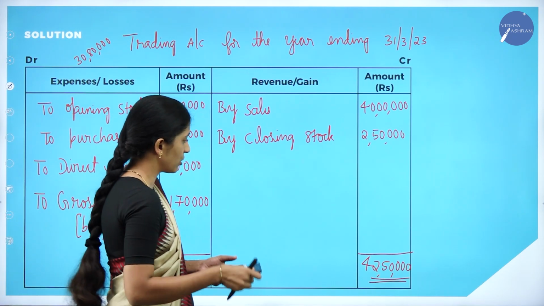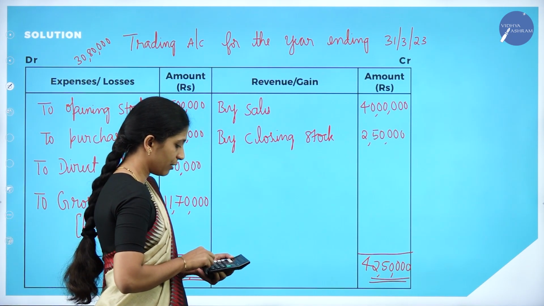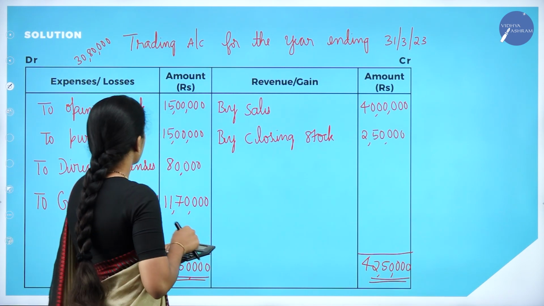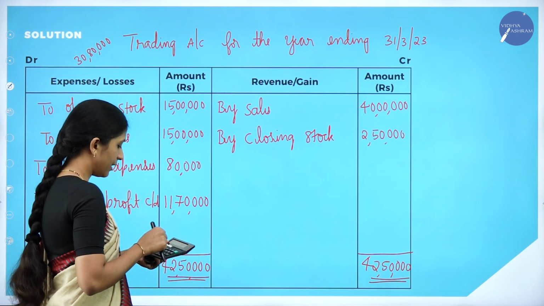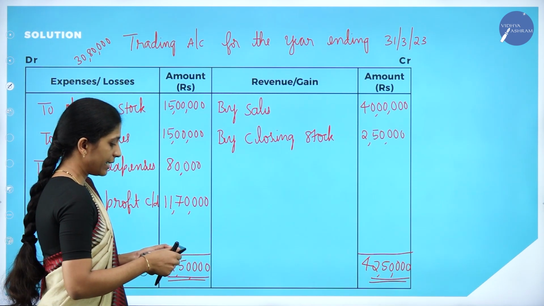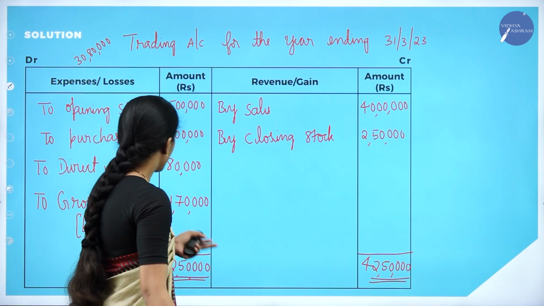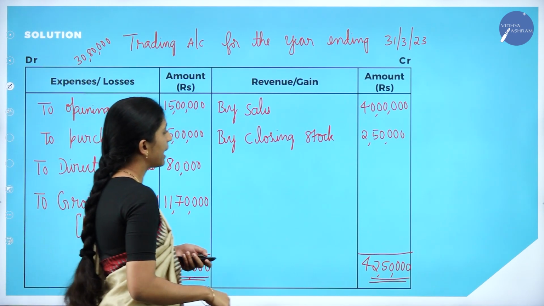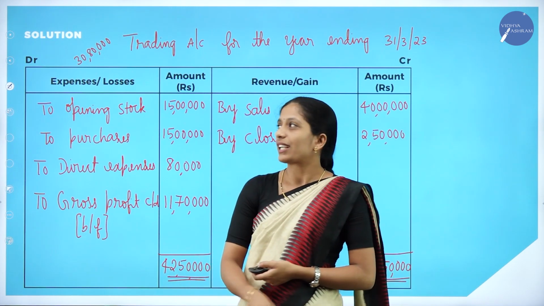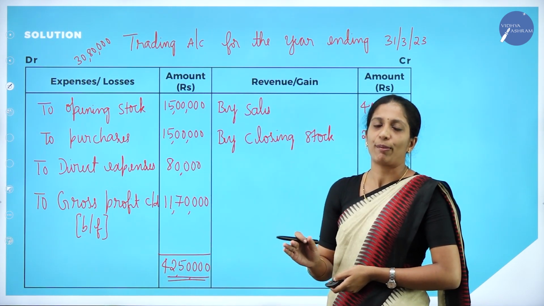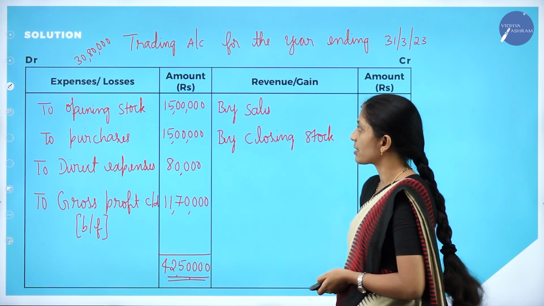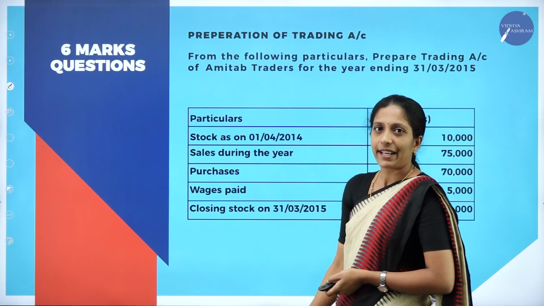Once again we shall recheck: 42,50,000 minus 30,80,000, you'll get 11,70,000. Yes, so our gross profit is correct. Hope you are clear about this problem. Very simple problem where you can easily score 6 marks.